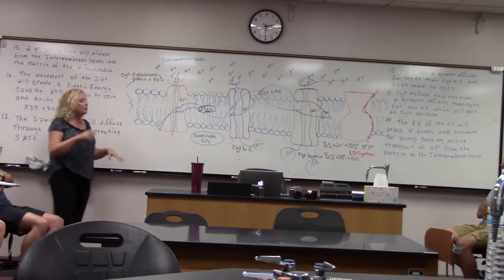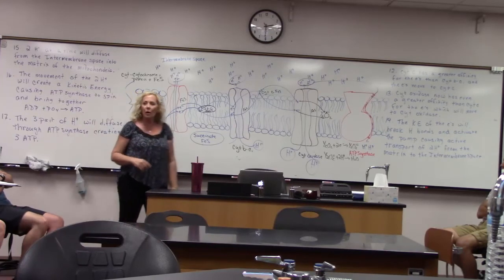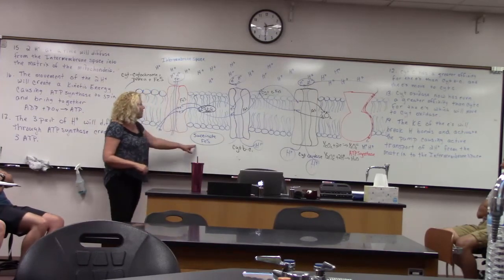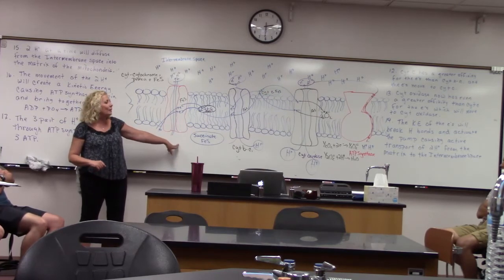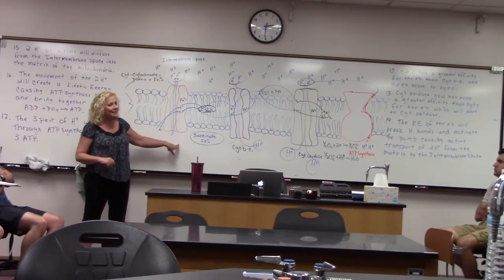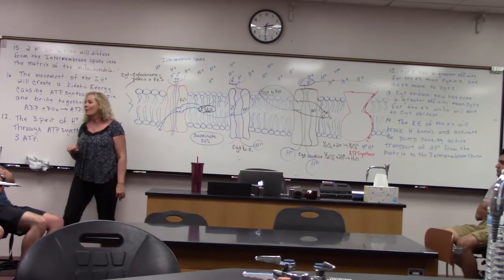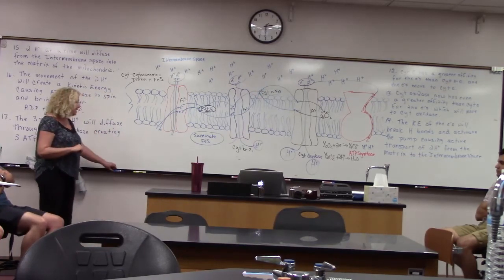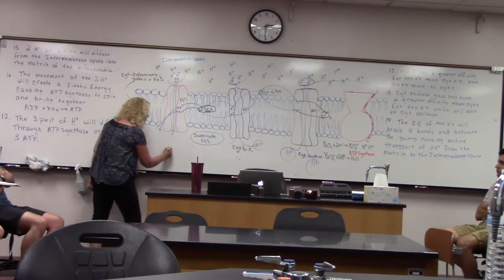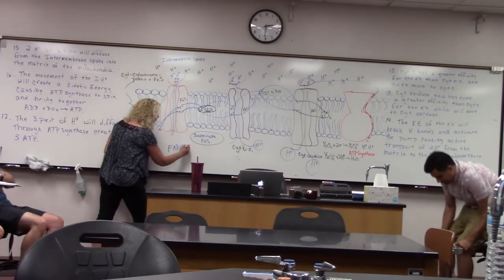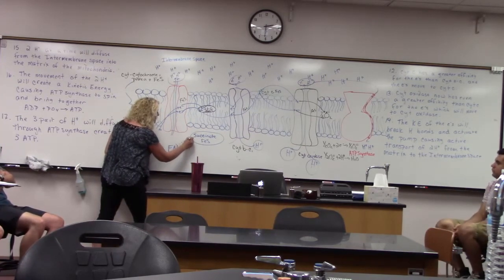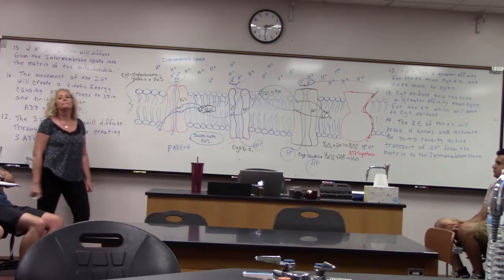It really doesn't have anything to do with NAD, so that's why I didn't draw it there to begin with. But this protein has a very high affinity for FAD. Remember, in the citric acid cycle, we also have FAD. So when FAD comes into the matrix with its 2 hydrogens, it's going to be attracted to this succinate.